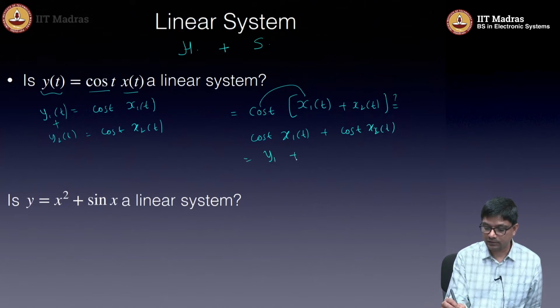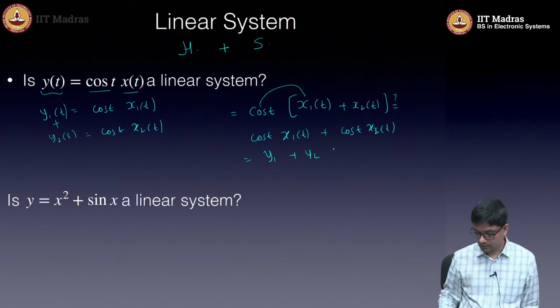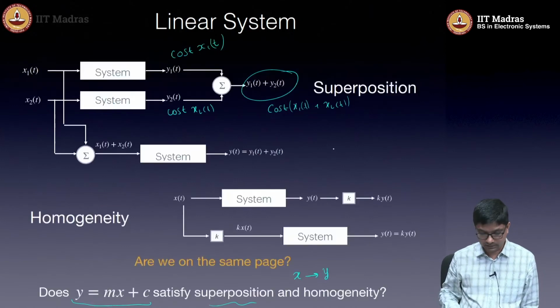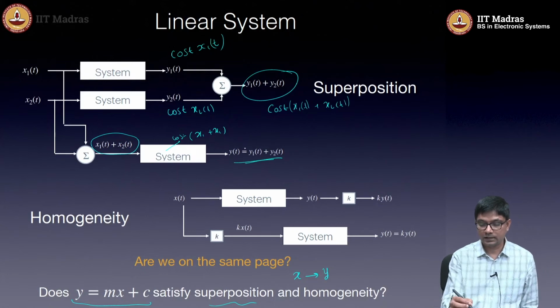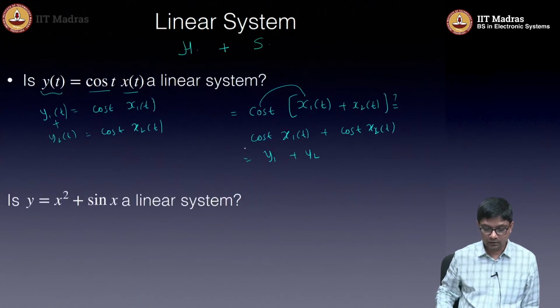Okay, this is nice. This is y1 plus y2. The system multiplies x1 plus x2 with cos t and gives me the same thing as I would expect. Okay, nice.